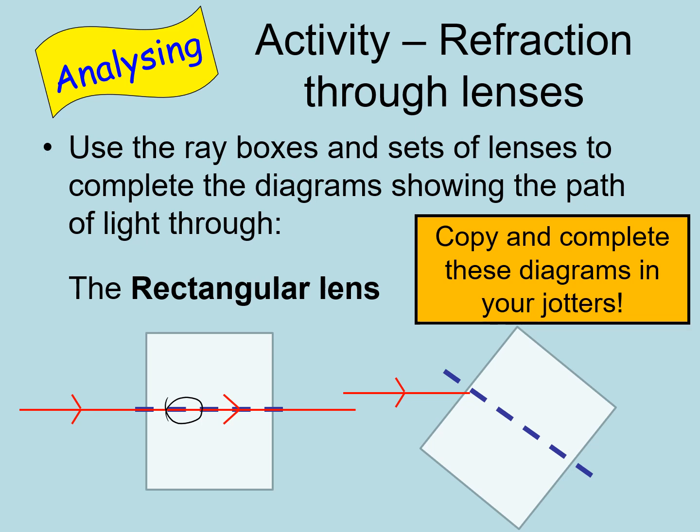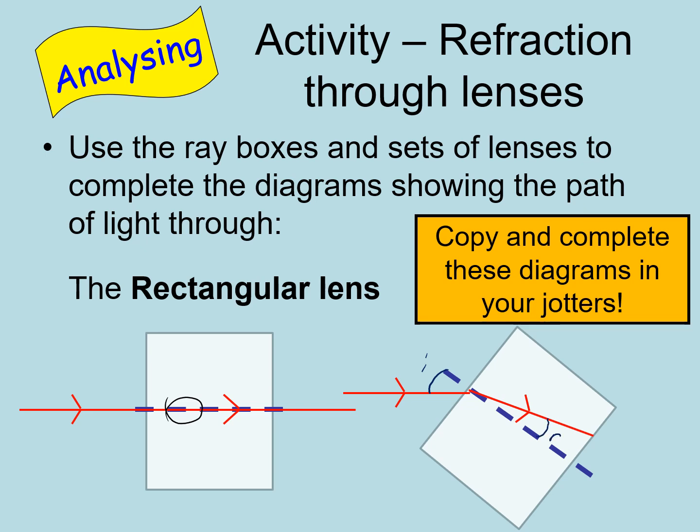However, when the light enters at an angle to the normal, what we remember call the angle of incidence, we can see that the light is refracted still, it slows down, but also changes direction. And we now have another angle here, which is an angle of refraction.